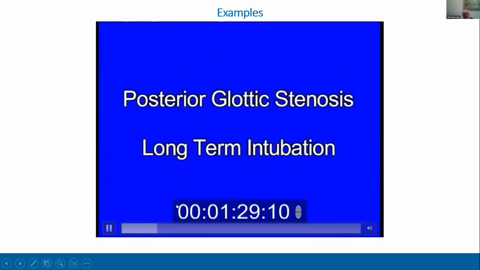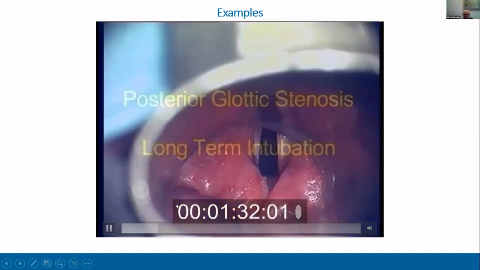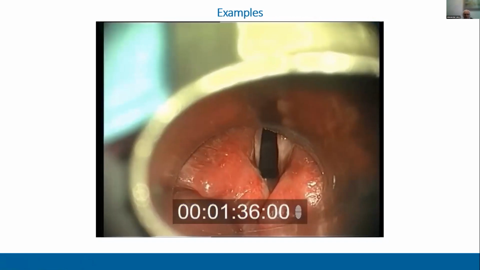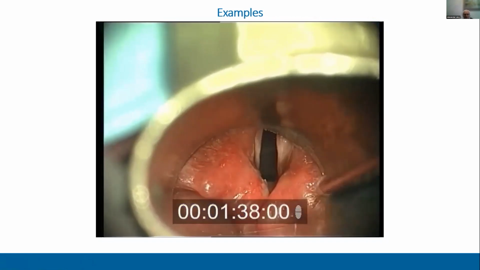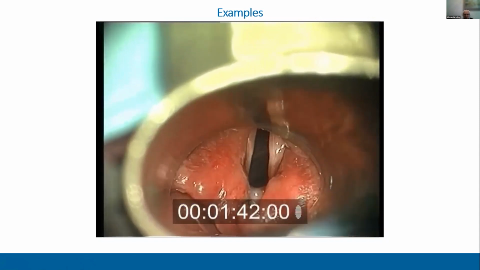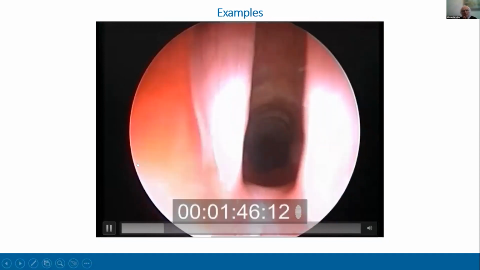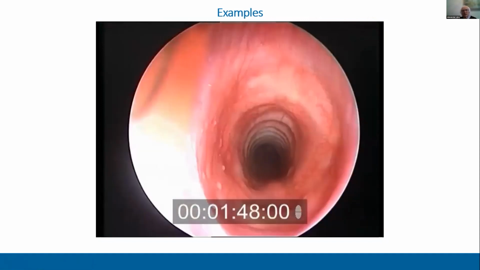This is a posterior glottic stenosis after long-term intubation. The view into the trachea.